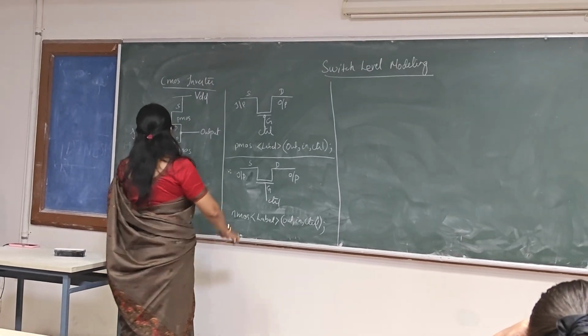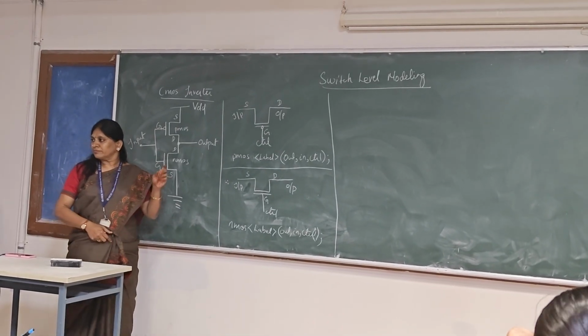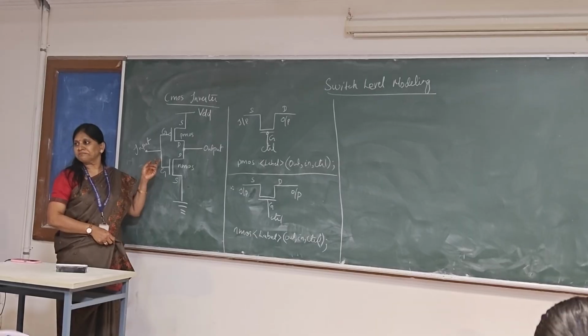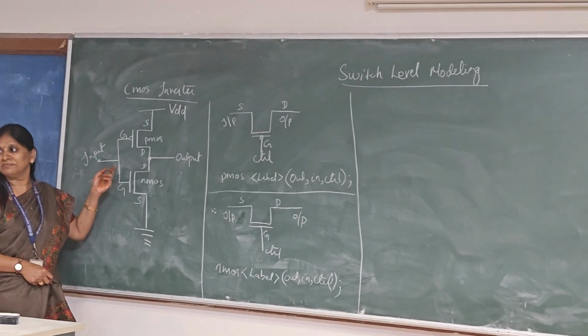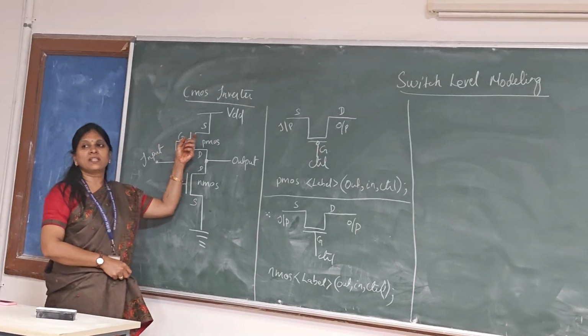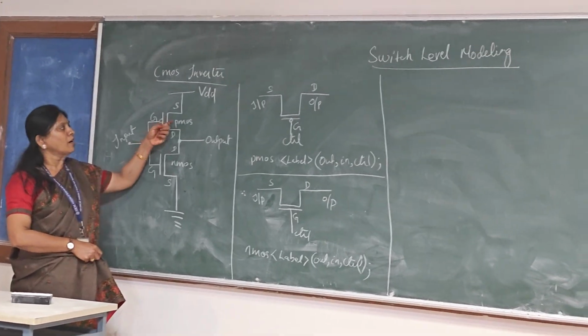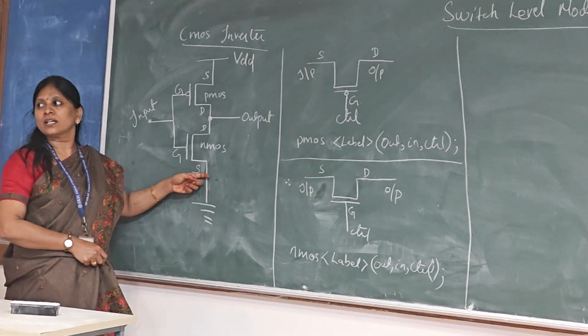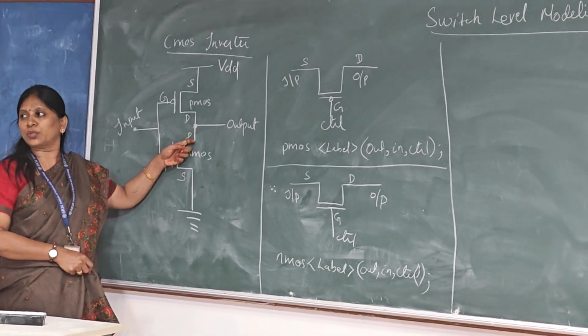So listen, this is your CMOS inverter. Have you studied this in digital? It is a simple CMOS inverter. It consists of PMOS and NMOS. The drain of PMOS and the drain of NMOS are connected together.